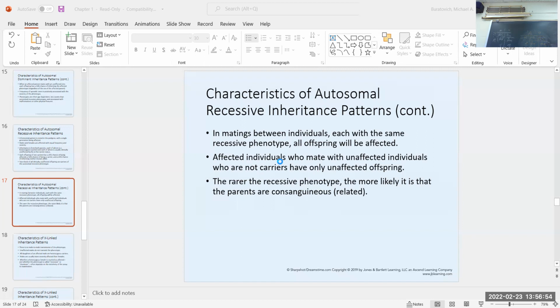The embryo will get just a few mitochondria from the sperm, but far more of its mitochondrial genomes from the mother. So these genetic diseases are passed from the mother to the offspring, not from the father. So they show so-called maternal inheritance patterns. They're only inherited through the mother.